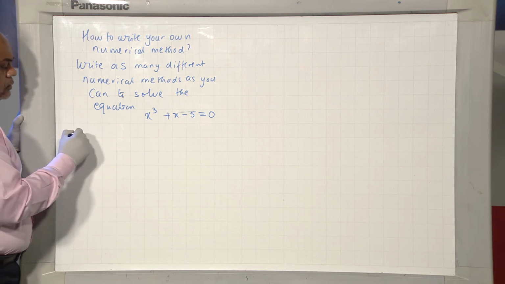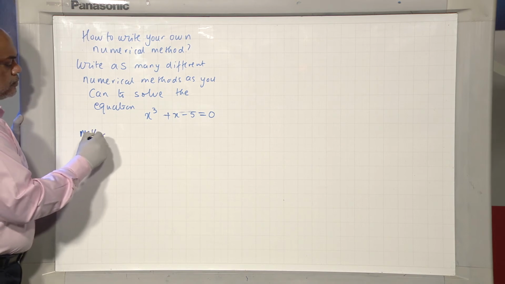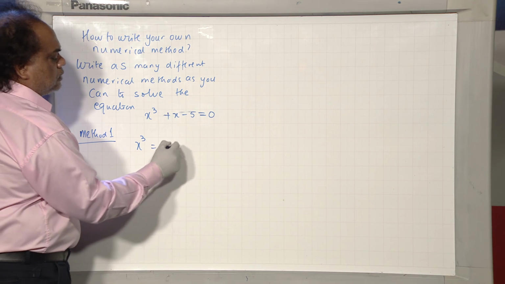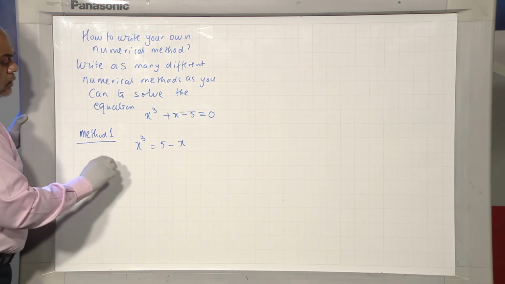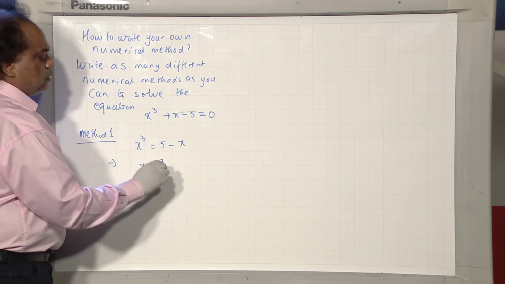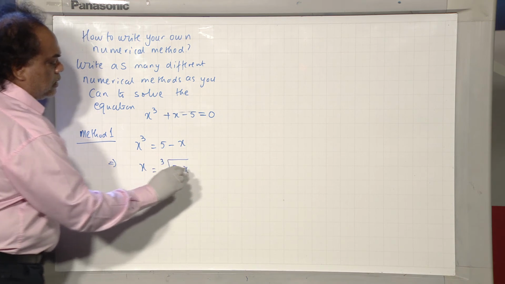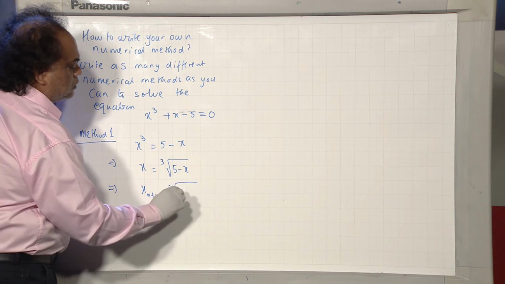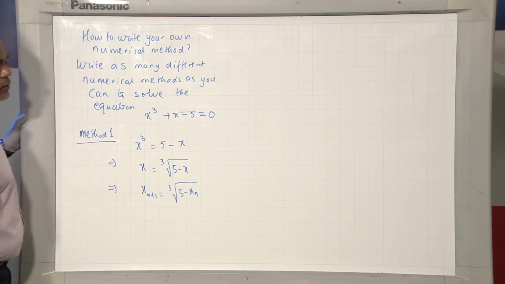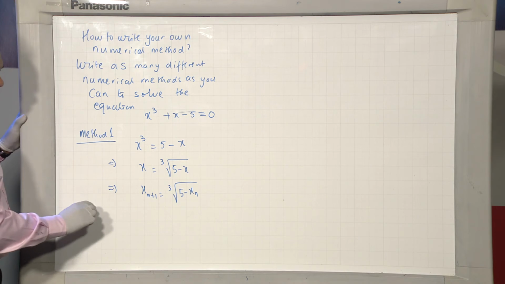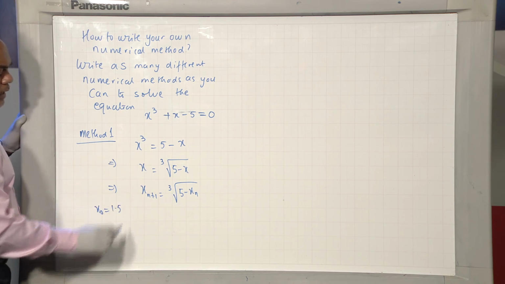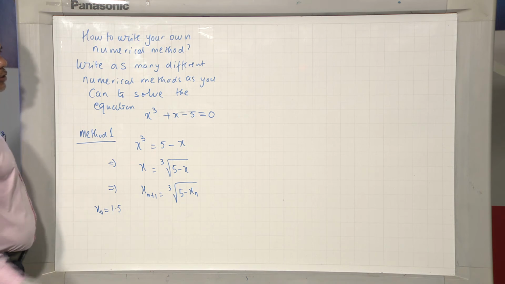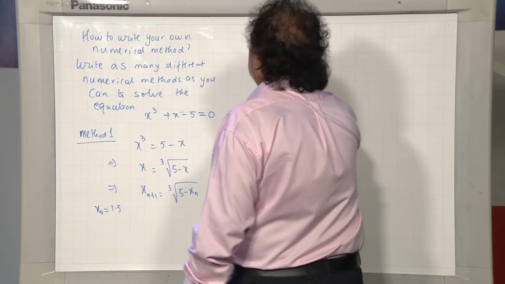One way to do that: x cubed, I transfer on the other side, and of course, I take the cube root, and hence xn plus 1. This is one way to write. It may converge, it may not converge. I would like you to use x naught equal to 1.5 to calculate the iterates to know whether it converges or not.